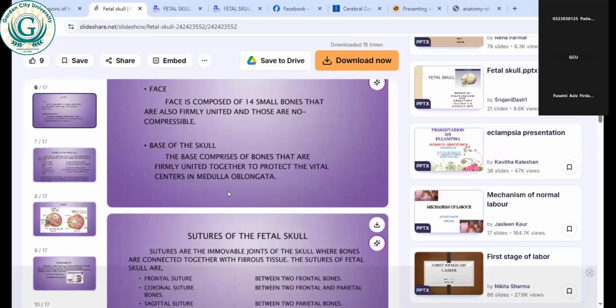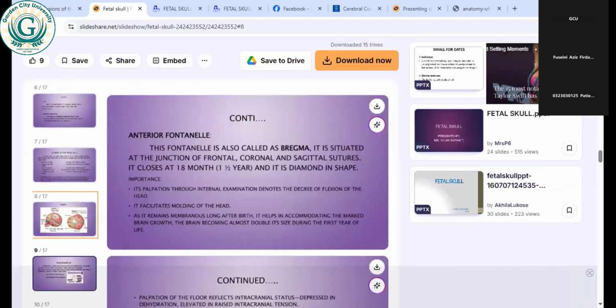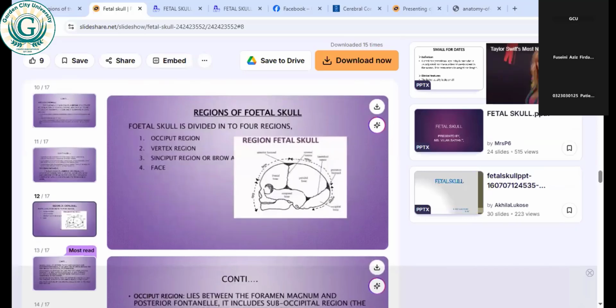So if you are picking any of them randomly, say the sub-occipital bregmatic, which is 9.5, you are going to subtract 1.25 from it to get the actual measurement that takes place during molding.